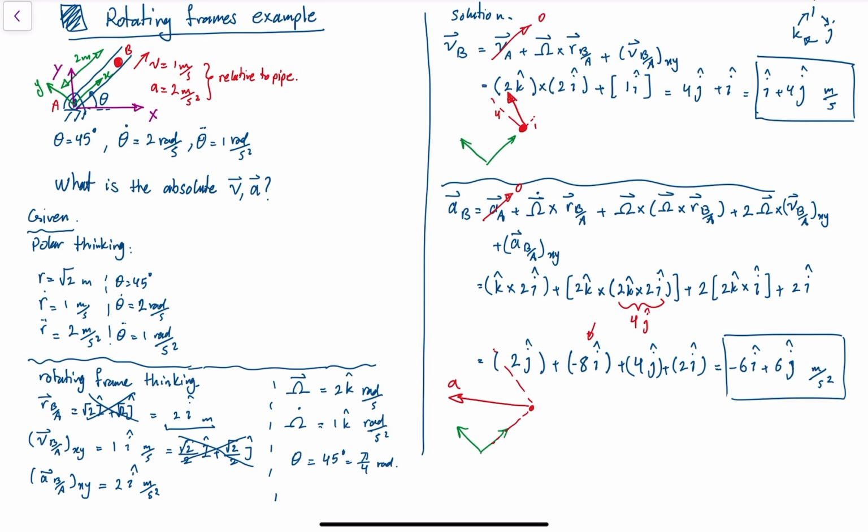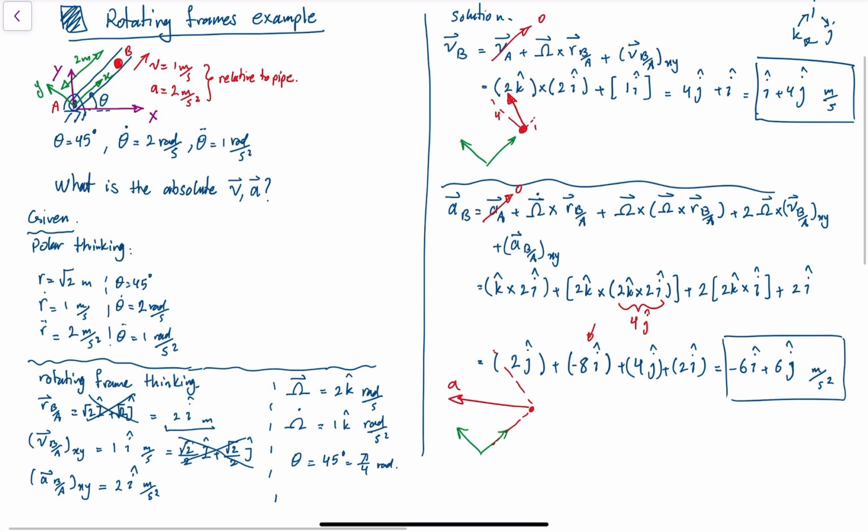All right, this is the example using a rotating frame. If you match all the terms in the solution with what you would expect from the polar equations, you would see there's almost a one-to-one match.